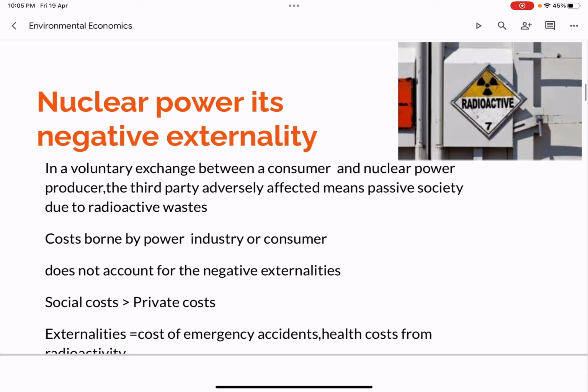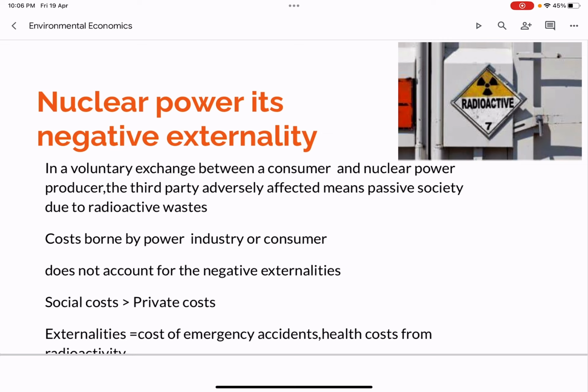Another example could be a nuclear power plant, because if there is a purely voluntary exchange between a consumer and a nuclear power producer, then in that case, the third party is neglected. But the third party could be the passive society, which might be affected because of radioactive waste, right? And this cost, which goes to the third party, is neither borne by the power industry nor by the consumers who receive that electricity, right?